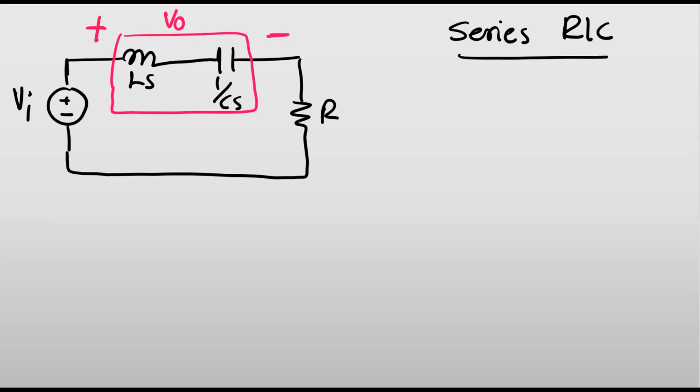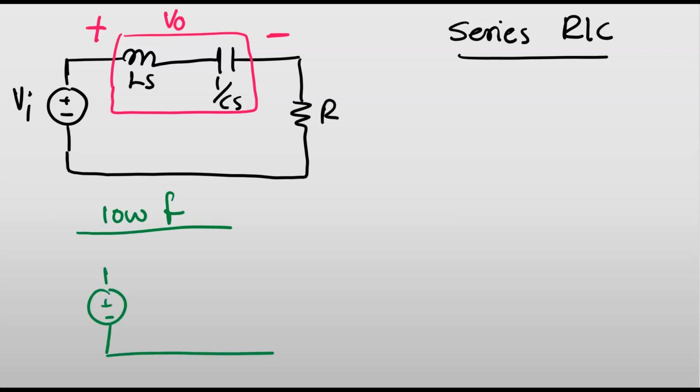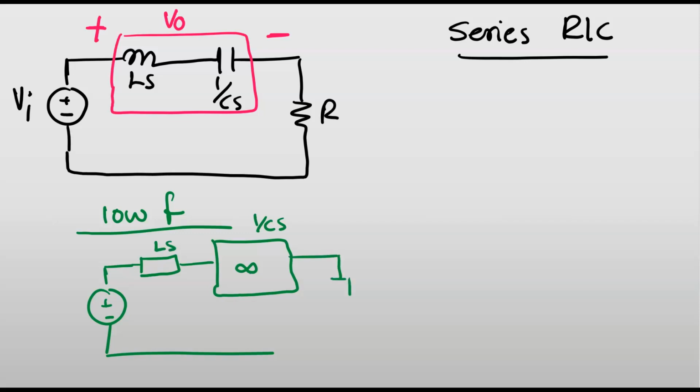Now let's look at the behavior of this circuit in low and high frequency. In lower frequency, I know that the impedance of the inductor is very small, and I'm going to have an impedance approaching infinity for 1 over Cs because s is approaching 0. And then the resistor has a constant value for its impedance.